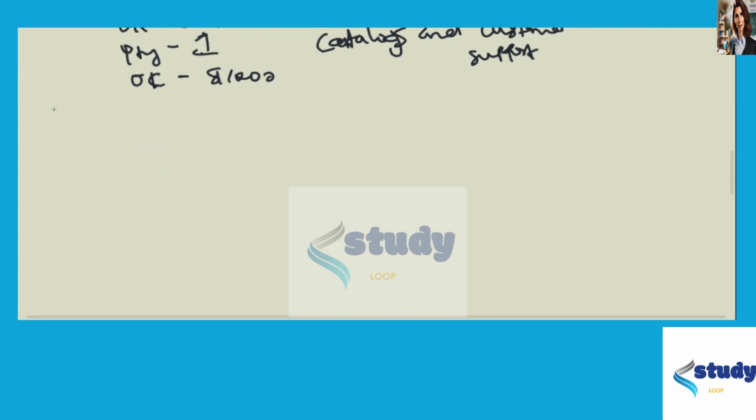Now, moving on to customer 3. We're going to have the same thing, but for regular order processing, the overhead rate will be $30.